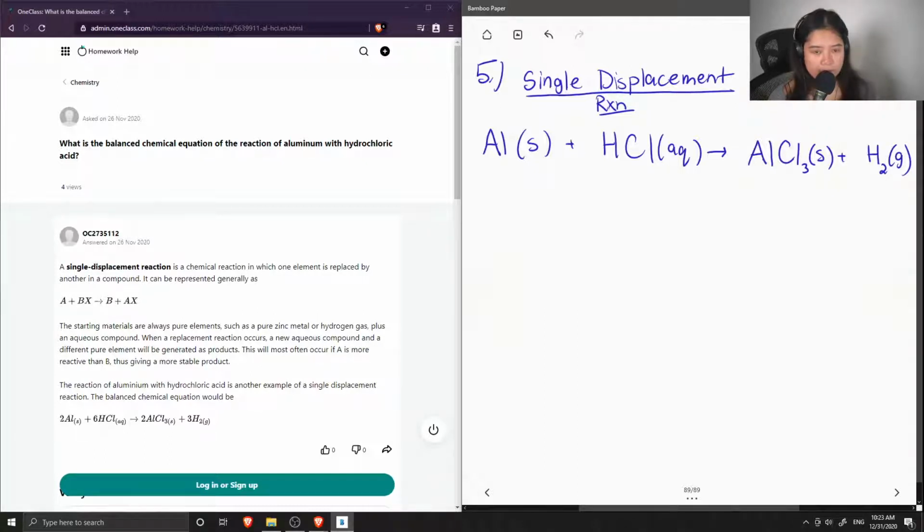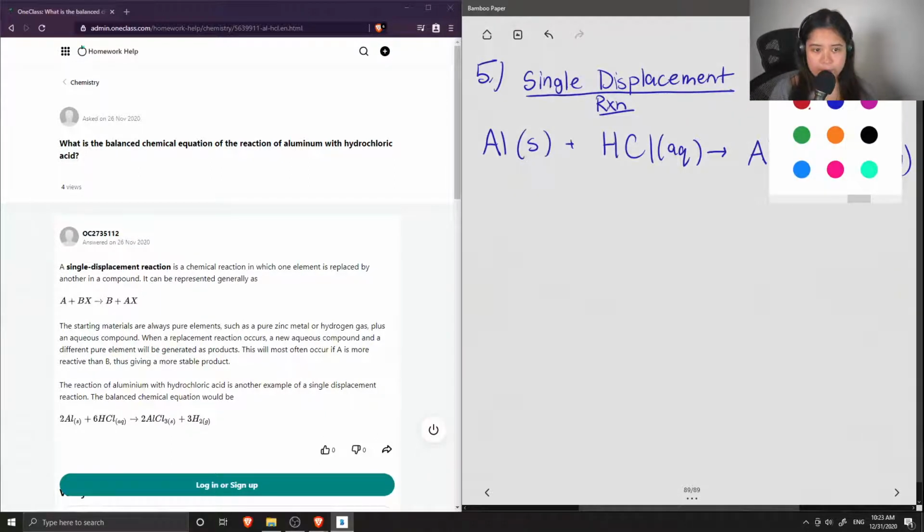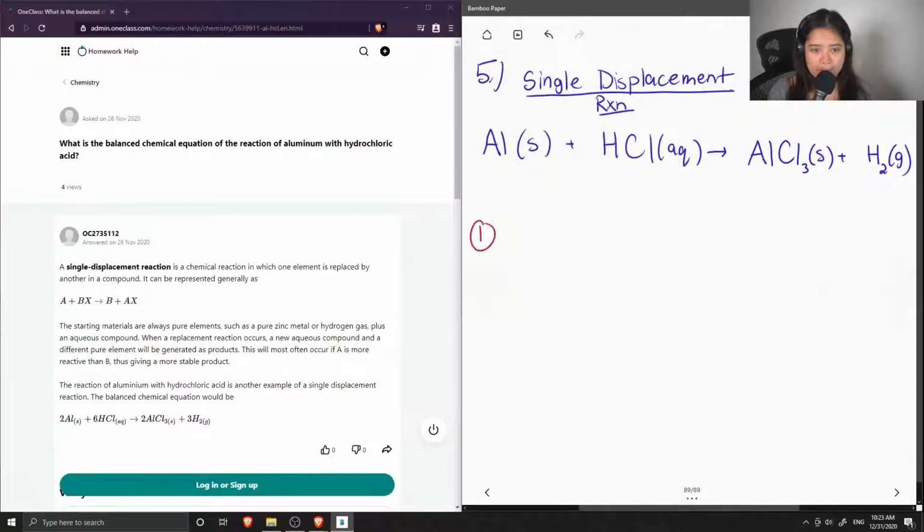Okay, so now let's try to balance out this equation. I usually balance hydrogens and oxygens last, so let's just look at the other types of atoms. If we see aluminum, there's 1 aluminum on both sides.